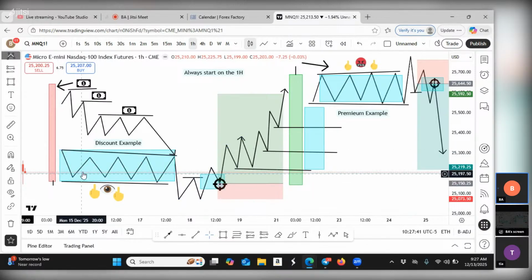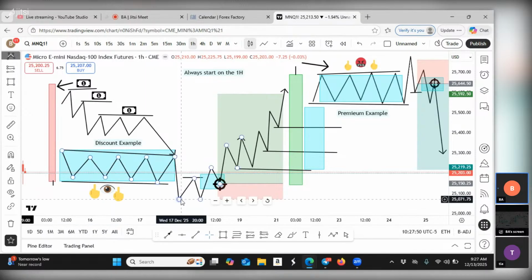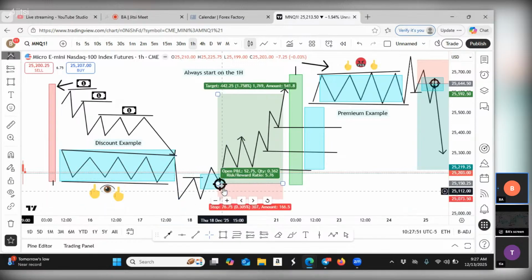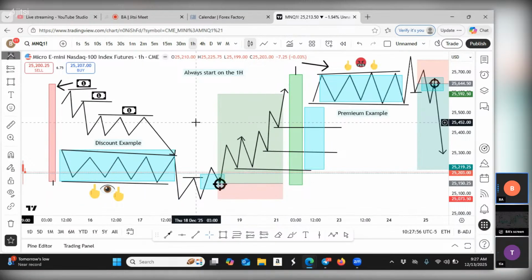You know big money has to accumulate a lot of orders in a range, and then they're going to take out the early buyers if it's at a discount, and then it's going to trade to the top of the range. The market moves in phases.